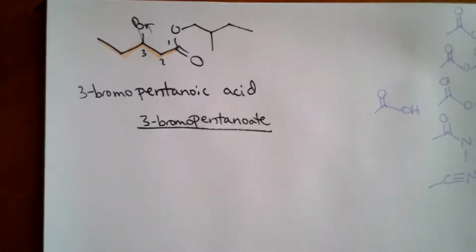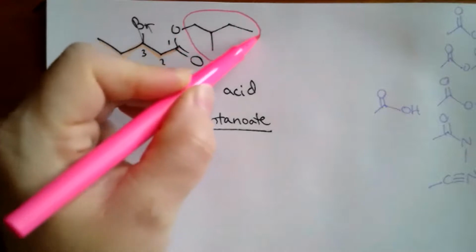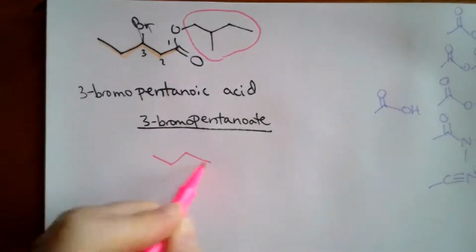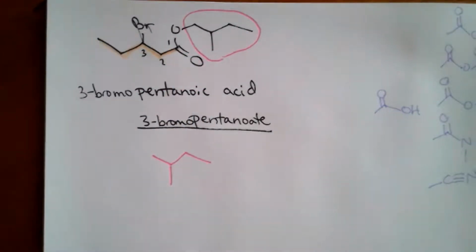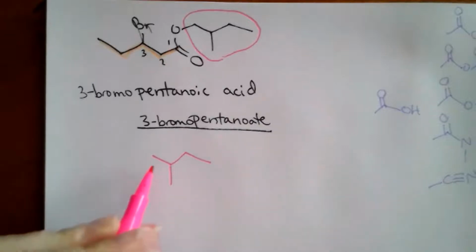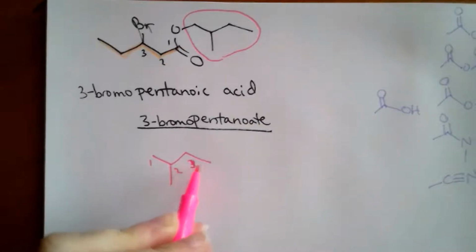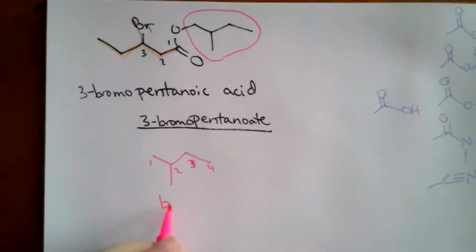On the other side of the ester, the single leg thing, you need to name that thing separately. And we're saying this thing has 4 carbons, so it's a butyl or a butane.